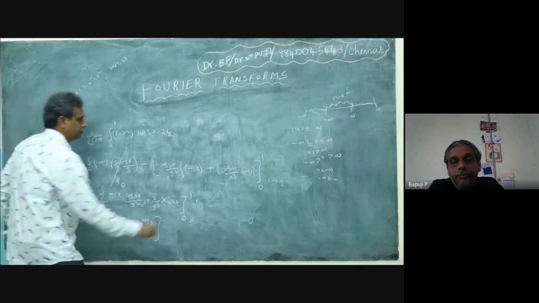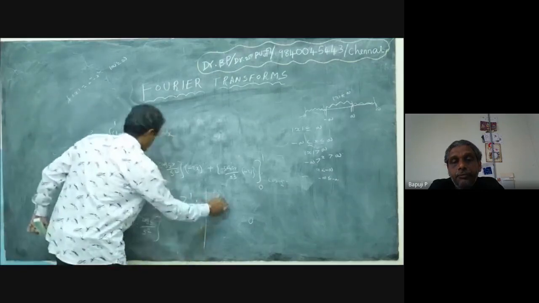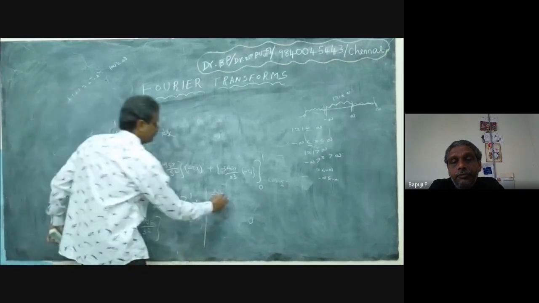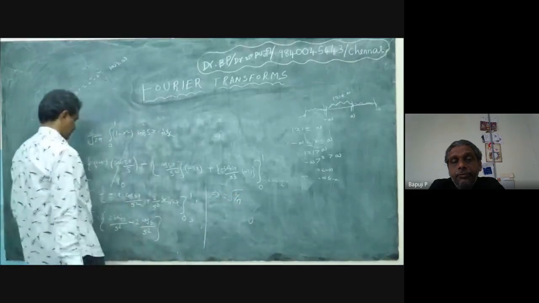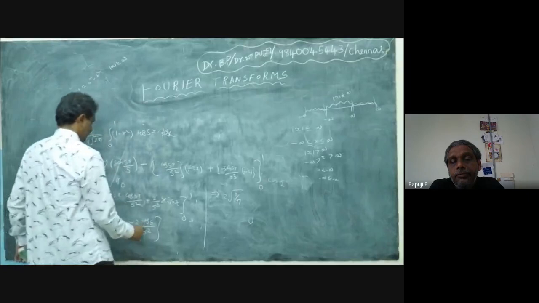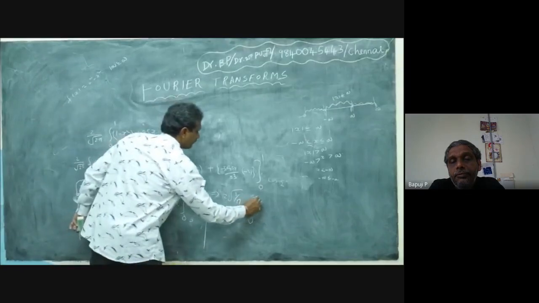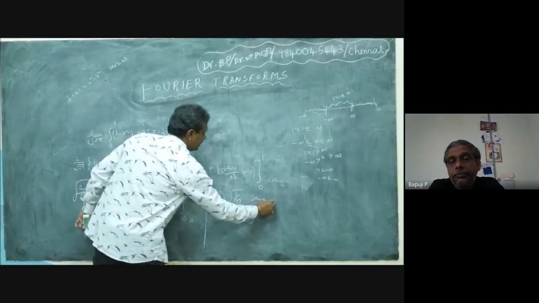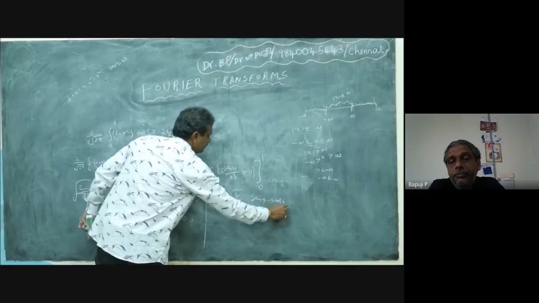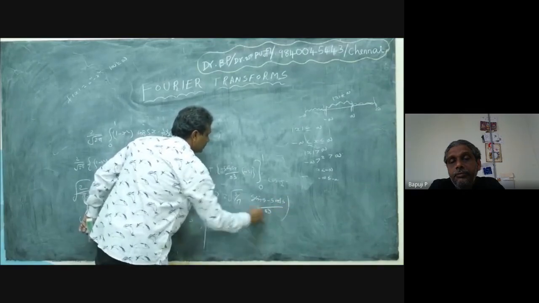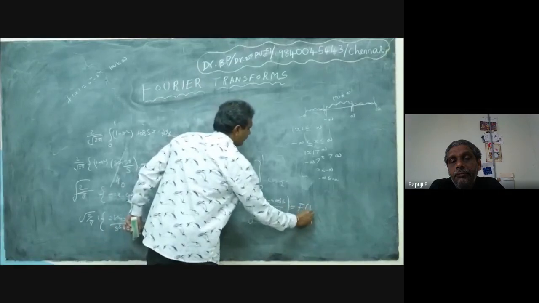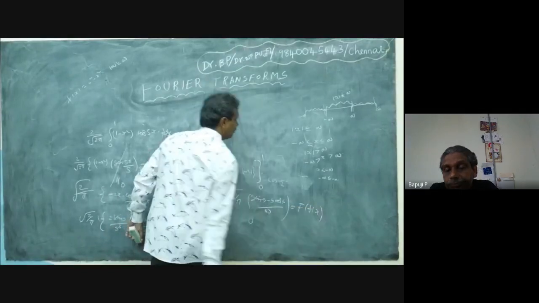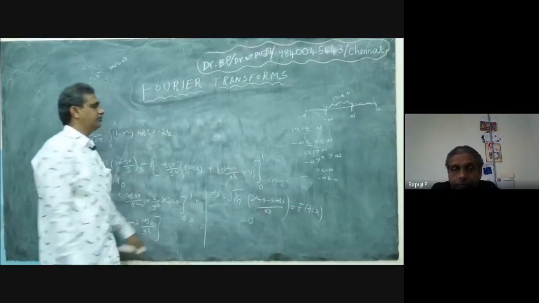So what you will get: if I take 2 outside, 2 into root 2 by pi, then s cube as LCM, sin s minus s cos s by s cube. This fellow is f of x. The Fourier transform of the given problem is this fellow.